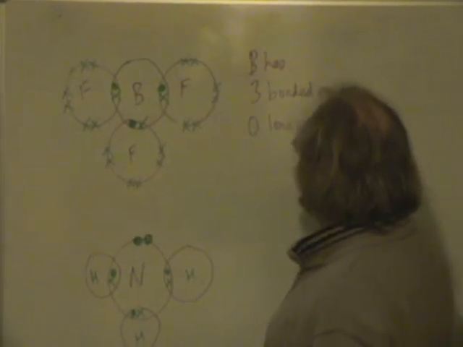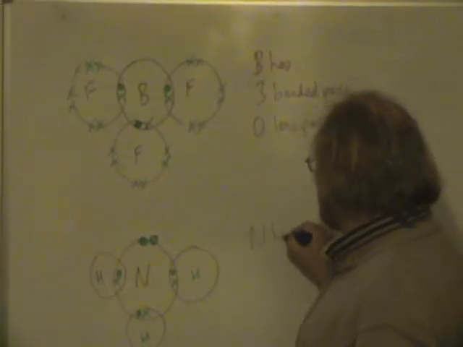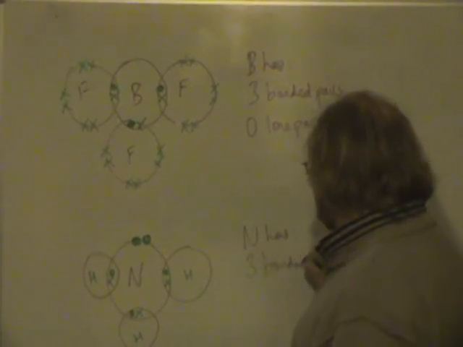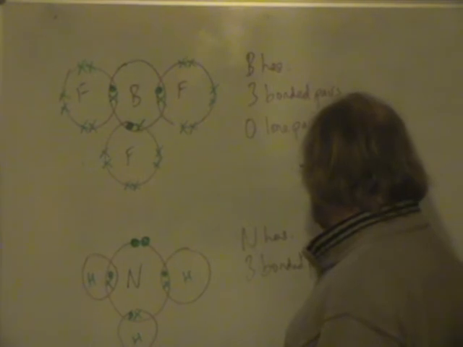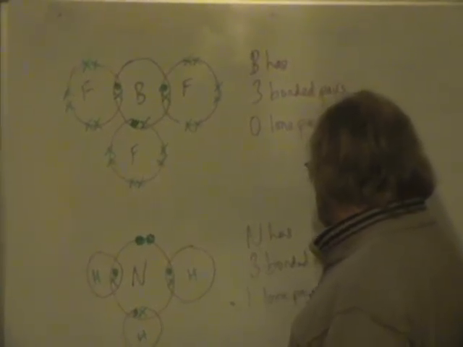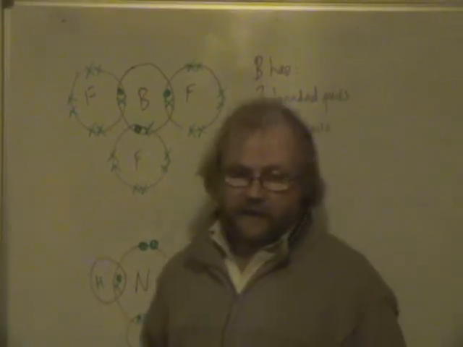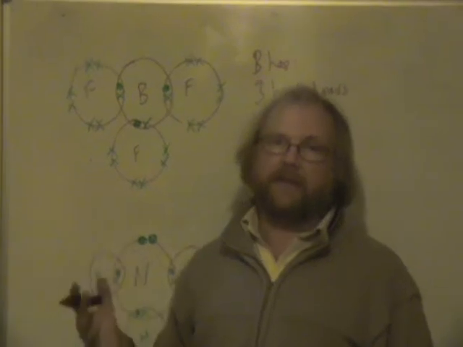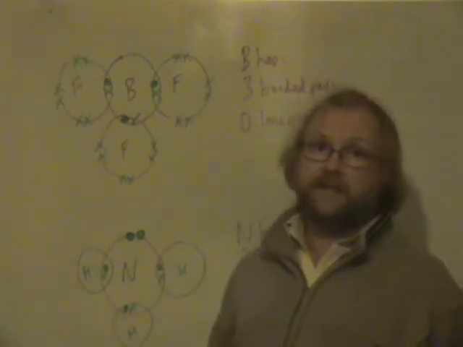Whereas when we come to ammonia, the nitrogen has 3 bonded pairs plus 1 lone pair. And it's that difference in the number of electron pairs repelling one another that accounts for the difference in shape.